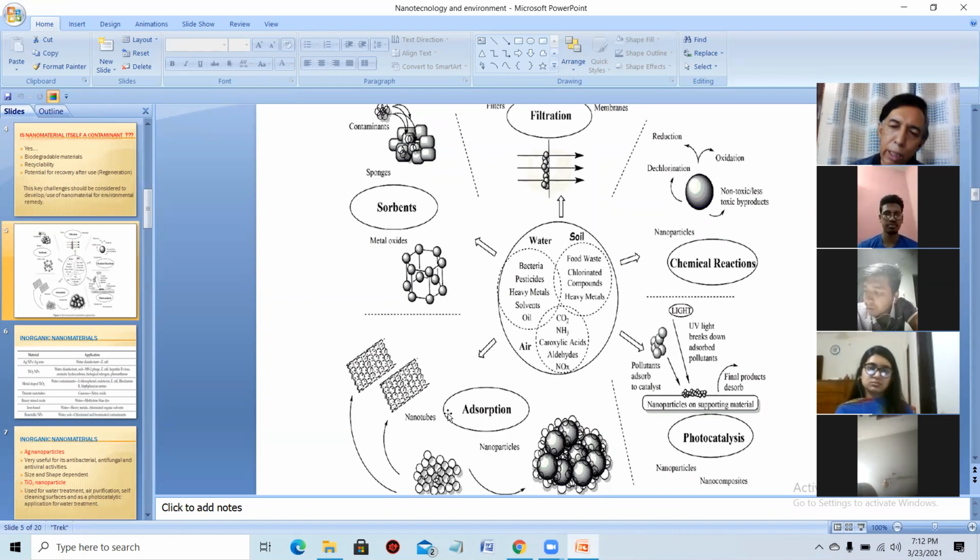So there are different ways to separate the pollutants or contaminants from your sample.